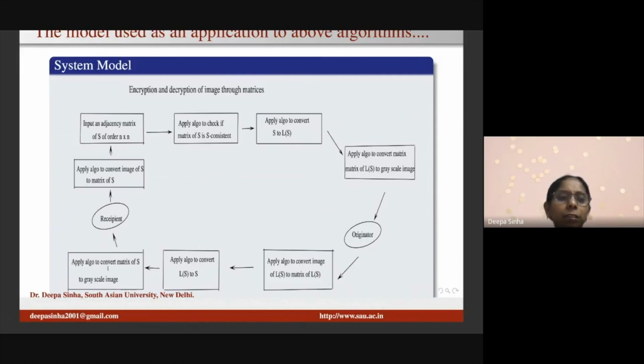Okay, so this grayscale image will be received by the recipient, who will apply the algorithm to convert the image to a matrix of S, and then he will get the same matrix, which is nothing but the signed network which was sent, with the care that it is not vulnerable to attack.